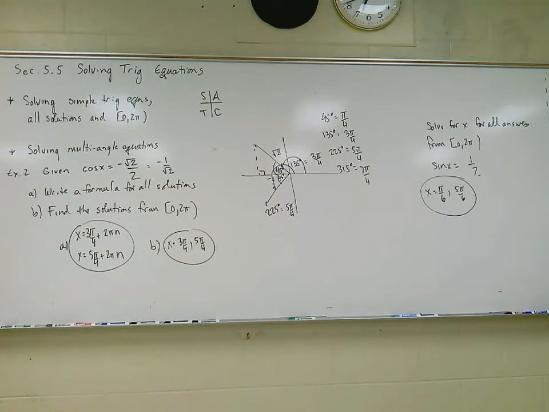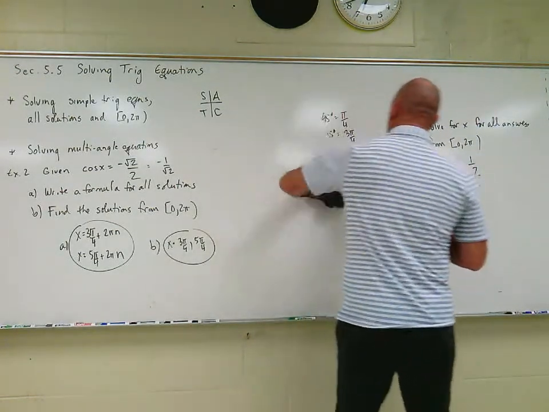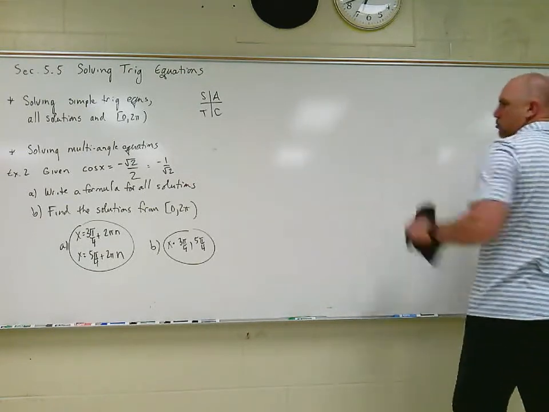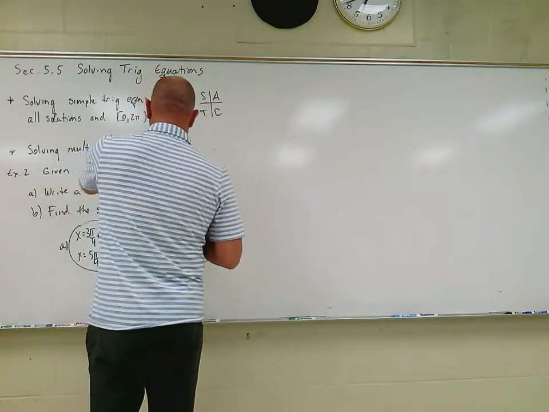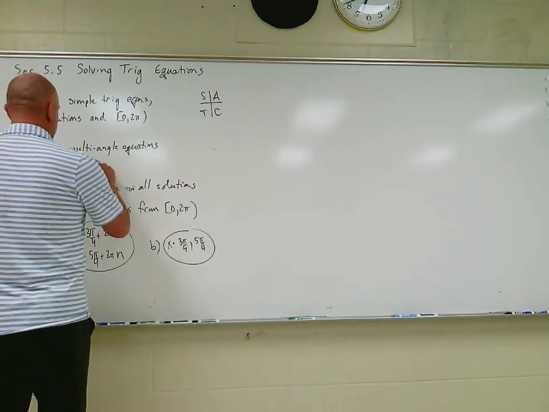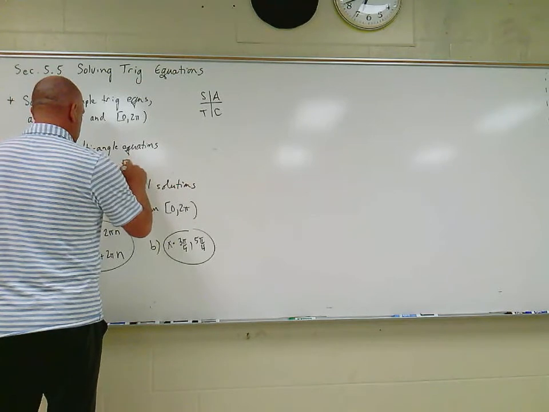And on this one, we'll do it both ways. We'll write a formula, and then we'll find all the solutions from 0 to 2 pi. So we'll always do those two parts, okay? So what happens if I gave you something like this? Work this one out. Same two questions, but now given sine of 2x equals square root of 3 over 2.